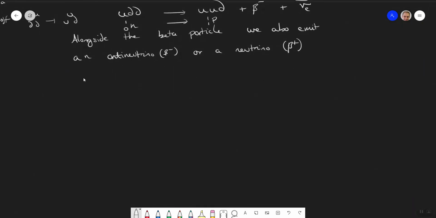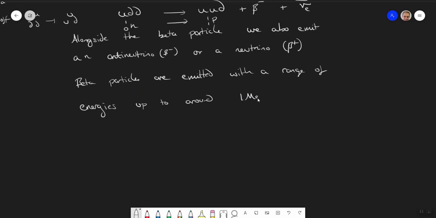So when we emit beta particles, they are emitted with a range of energies up to around 1 mega electron volt.